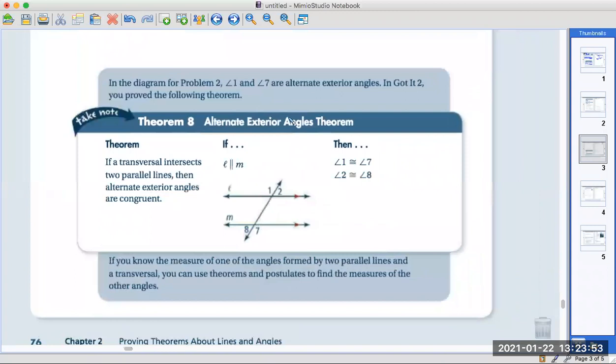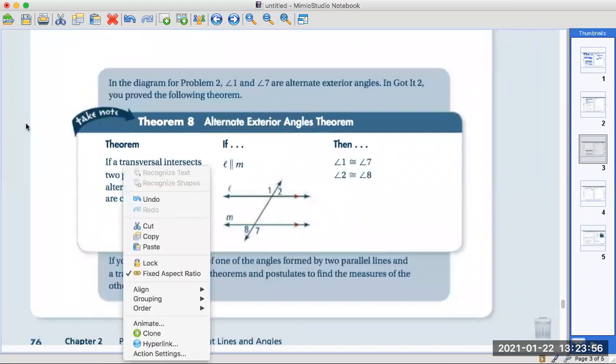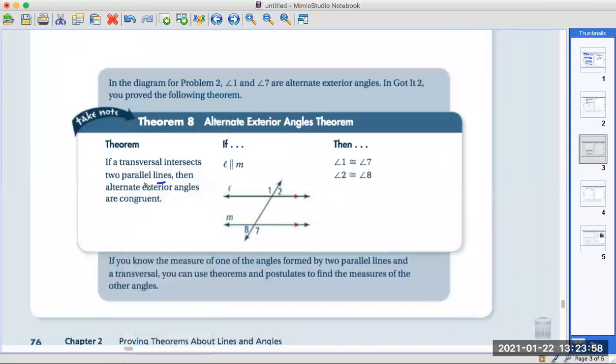Last one, alternate exterior angles. 2 parallel lines, alternate exterior angles are also congruent.